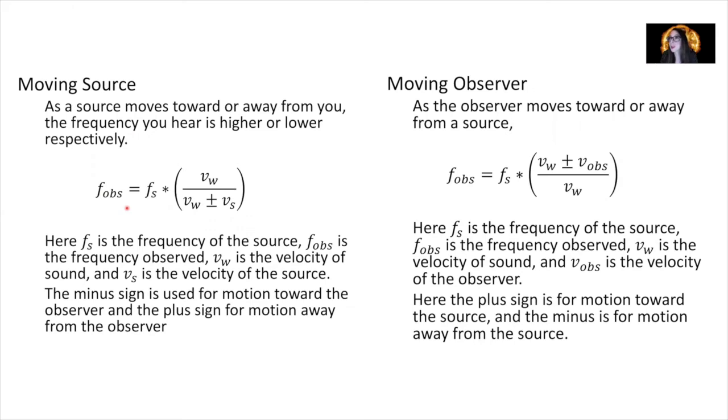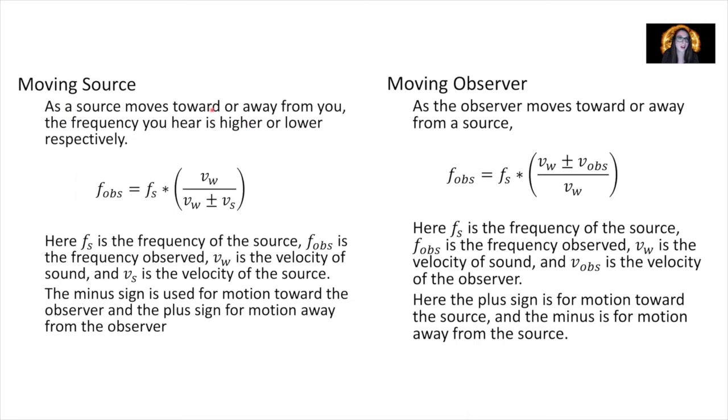Of course, there's an equation that goes along with the Doppler shift. Here is an equation that tells us the frequency that the observer hears of the sound if the source is moving and the observer is stationary. So in this example, as a source moves toward or away from you, the frequency you hear is higher or lower respectively.